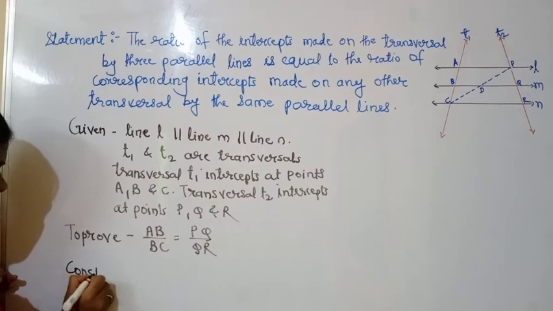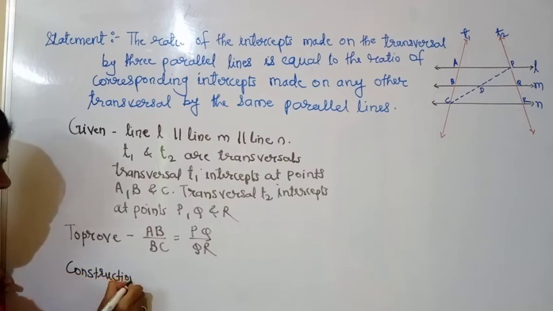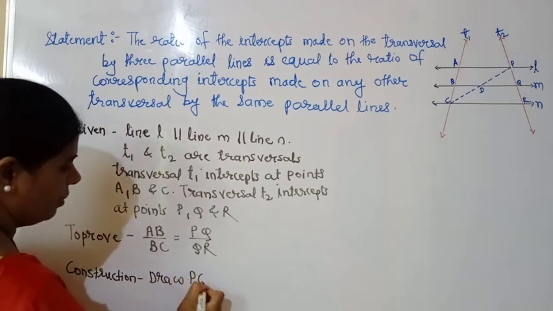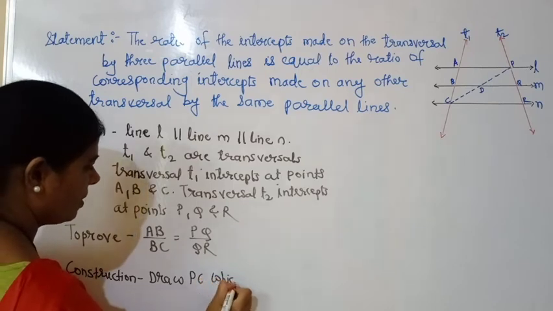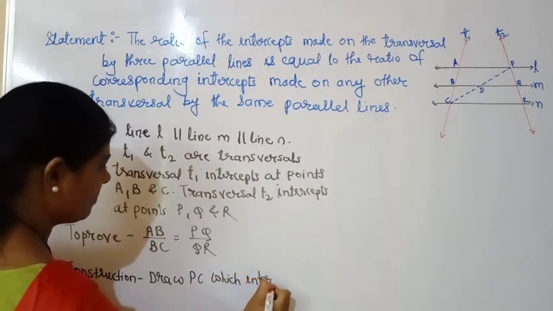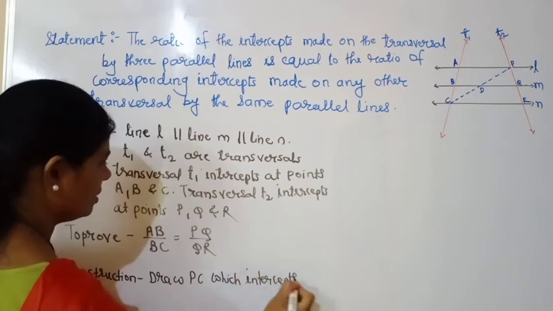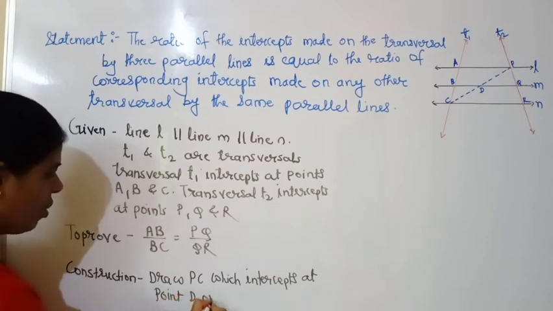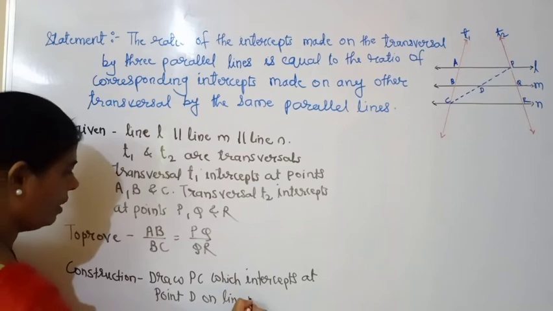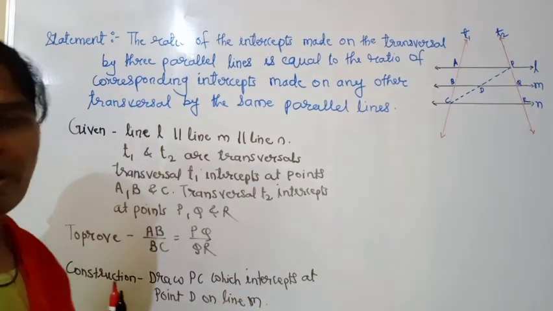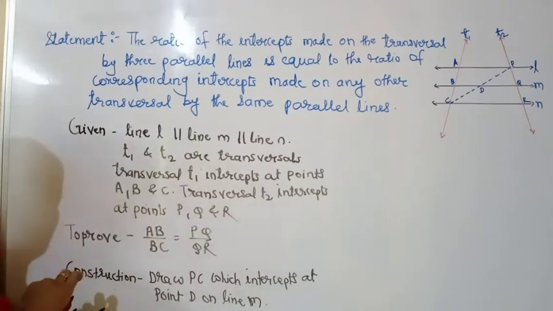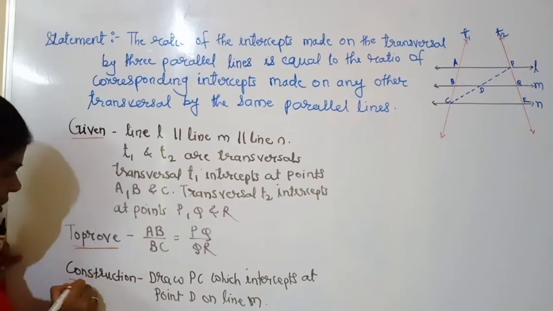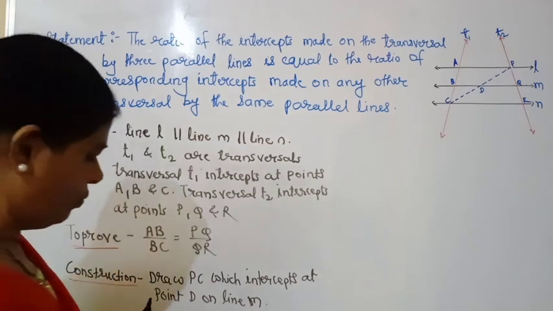We will write here construction, that is draw PC, which intercepts at point D on line M. So we have written all the things, that is what is given, then what we are going to prove, and also the construction. Now we will write the proof.